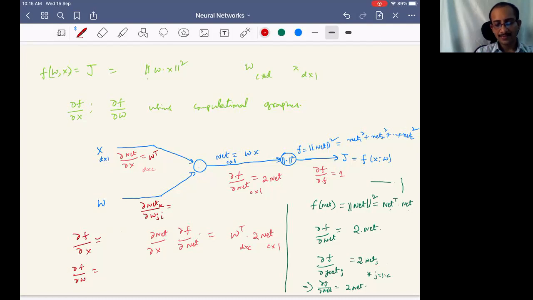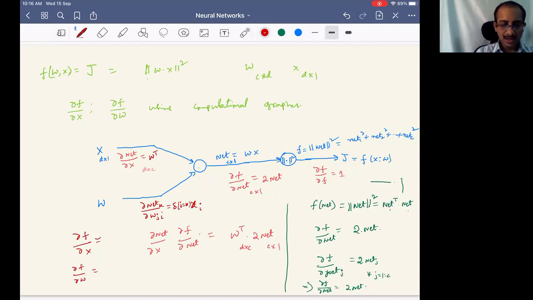What should I write here? Yeah, please fill this. x_i when j equals k. Yeah, one for k equal to j and x_i. Right. All right. This is the element answer because this is a scalar.